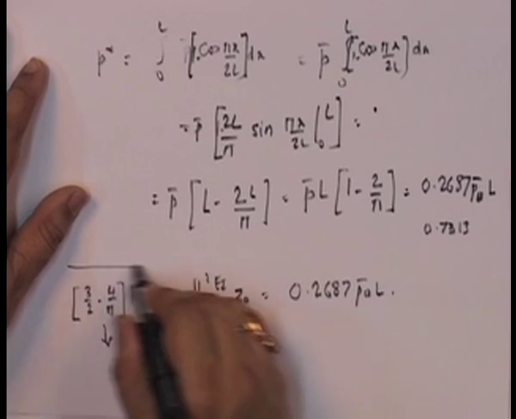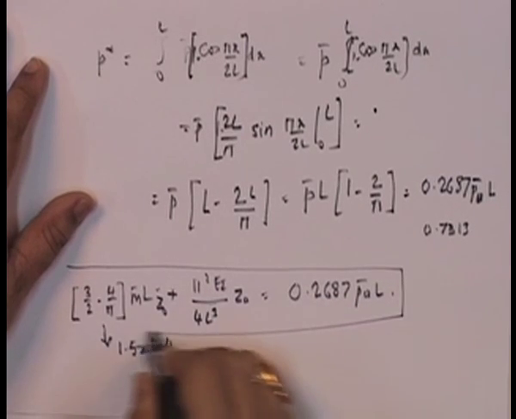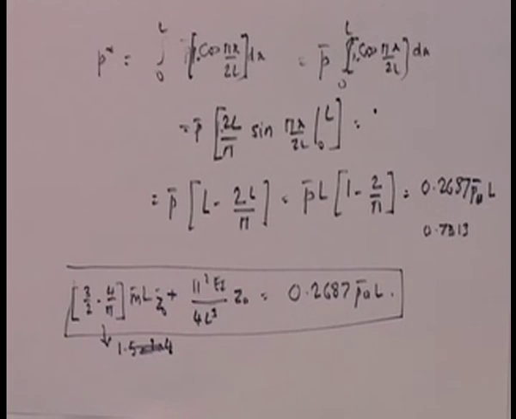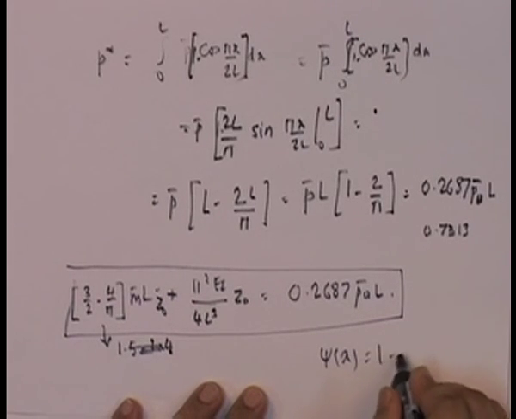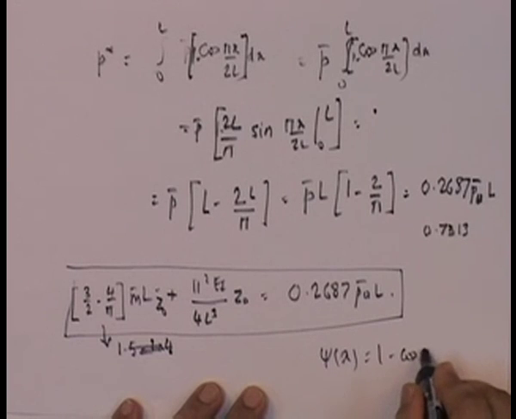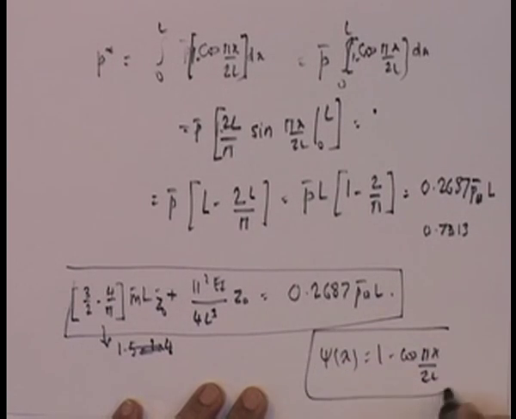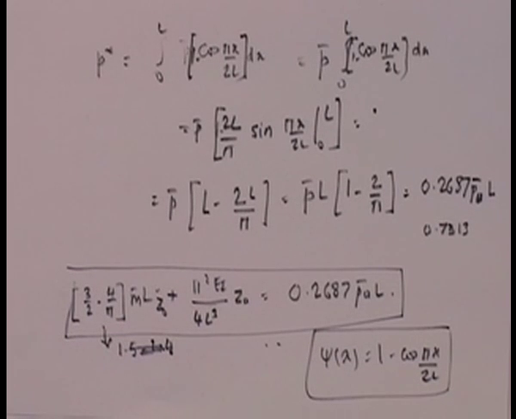The question then becomes that this equation that you get, for which xi x is equal to 1 minus cosine pi x upon 2L, this is the equation that you get. Looks completely different. Okay? This is, in other words, what we are looking at.